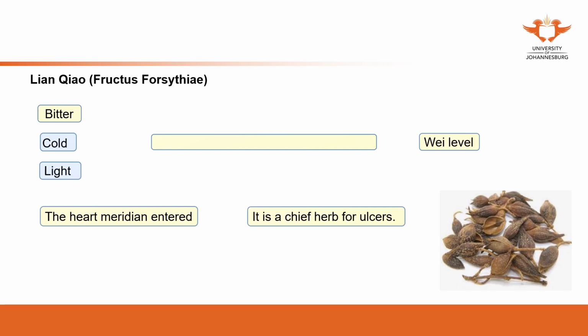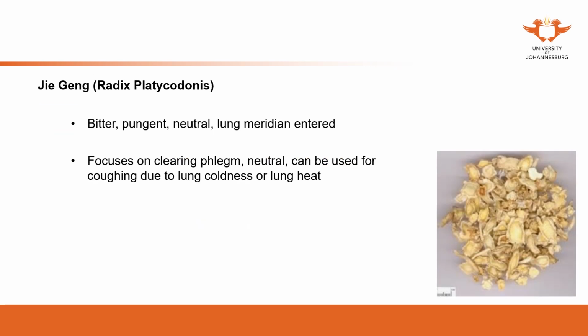连翘 is bitter, cold, and light. This is also a flower, and it relieves wind at the wei level. 桔梗 is bitter, pungent, neutral. It focuses on clearing the phlegm. When you see 桔梗, recall that in the previous slides we talked about 半夏. 半夏 can also clear the phlegm.